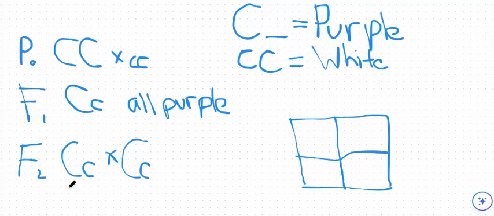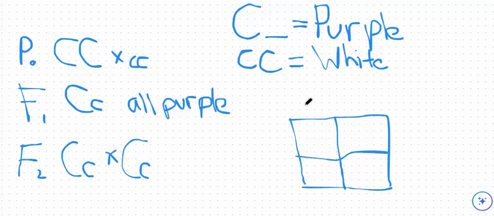So the F1 cross is written here, big C, little c crossed with big C, little c. In order to determine the ratios of phenotypes, or appearances, that we expect to see in their progeny, the F2 generation, we should make a Punnett square.